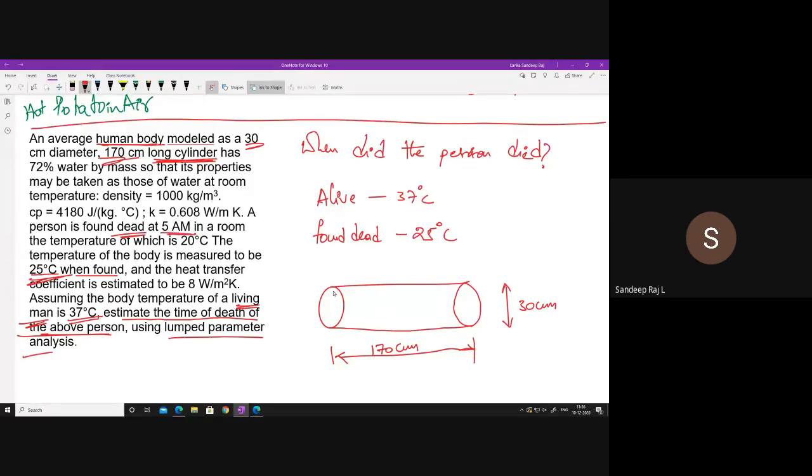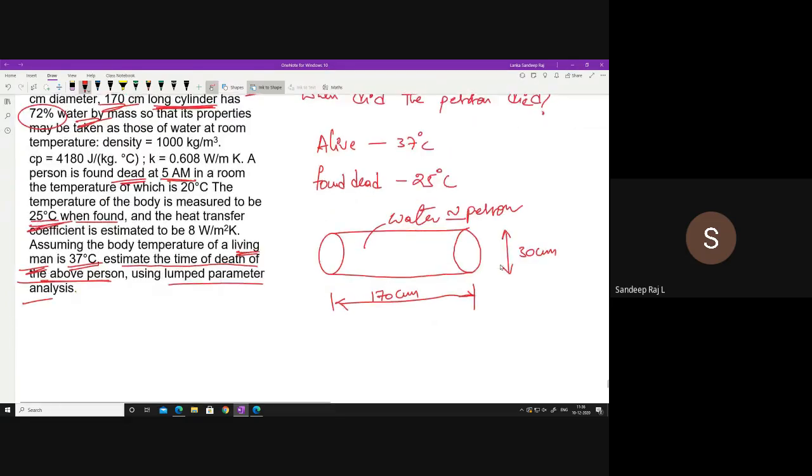He is saying that 72% of the mass of the human body is water. So you simply consider this as water equivalent to the person. That's an approximation, but let us see. So density is given: density is equal to 1000 kg per meter cube.